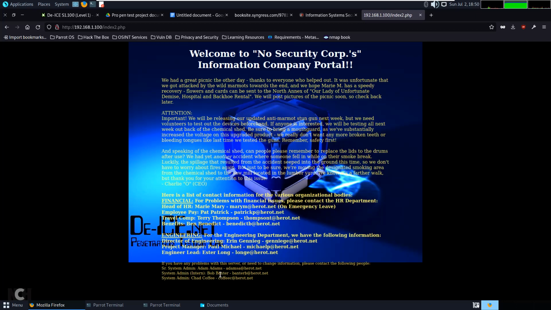So maybe one of these three is going to be stupid enough to do it. Oh, and let's see, what did I read about the chemical shed? And speaking of the chemical shed, can you please remember to place the lids on the drums after use... Okay, yeah. Sounds like these people here that work here aren't the brightest. And if it's no security corps, it's probably one of these three that are going to be stupid enough based off of just this name.